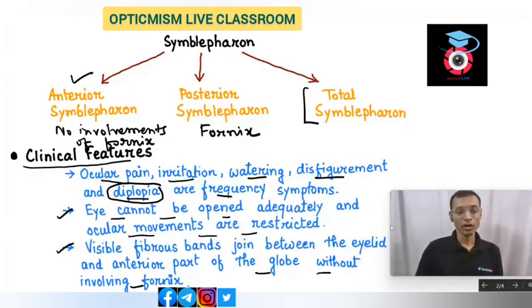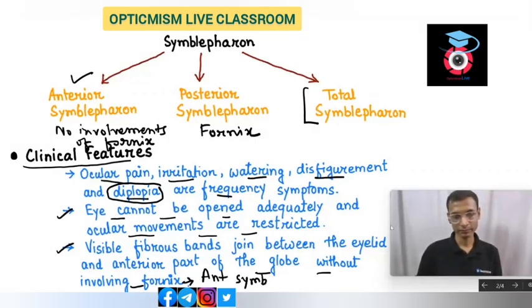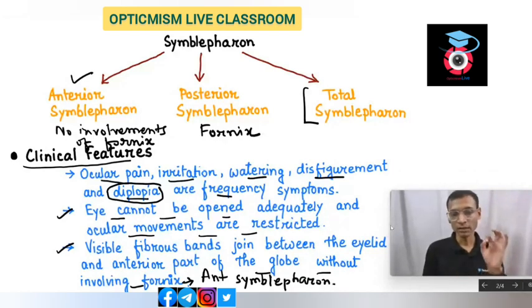So according to these features, this is anterior symblepharon, because the fibrous band joins only the palpebral conjunctiva and the bulbar conjunctiva without involving the fornix.